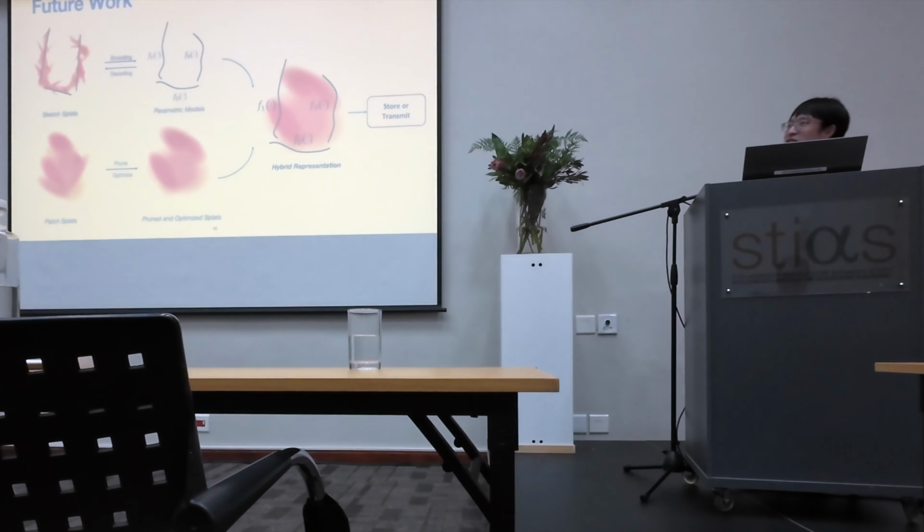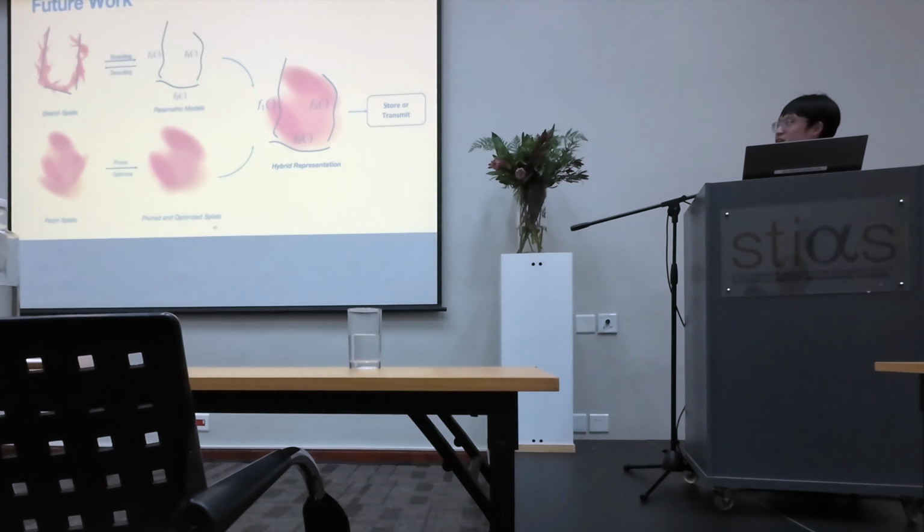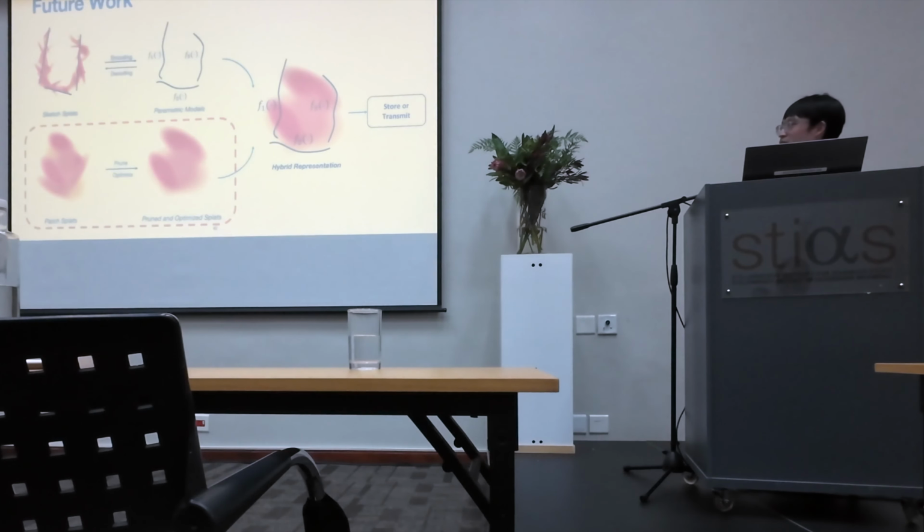Okay, so actually you can see that this is the first step of our method. What we do is just categorize them into 2 rows and then do something separately. And what we do is very simple. For the sketch, we just use polynomial regression to model them, and for the patch, we just prune and optimize. So especially for the patch splats, our method is very simple.